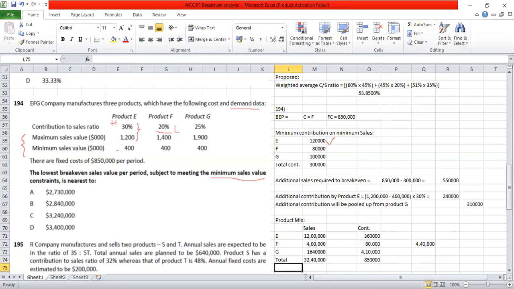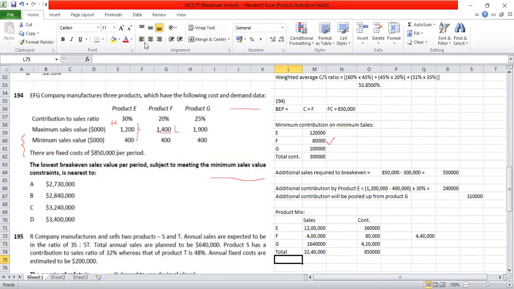I don't know how much you got it, but let me put it. I'll erase all the writings here on the screen. We have a different set of information, not the usual way wherein we can use the equation of break-even point equals fixed cost by contribution margin ratio.